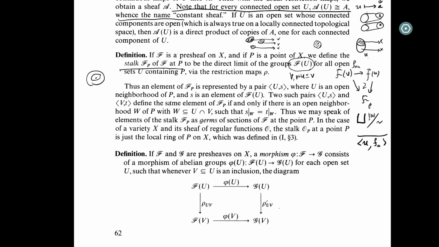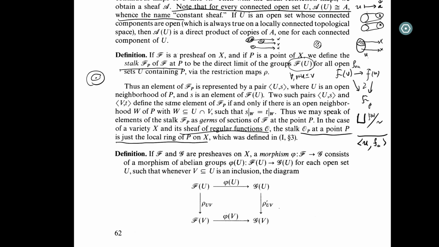So obviously for the sheaf of regular functions, the stalk is just the local ring of P. The same thing, okay?